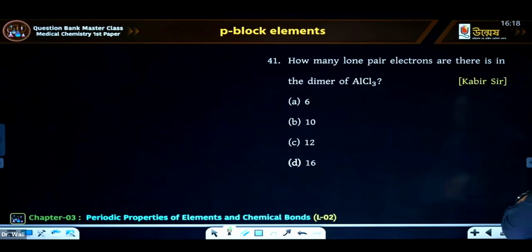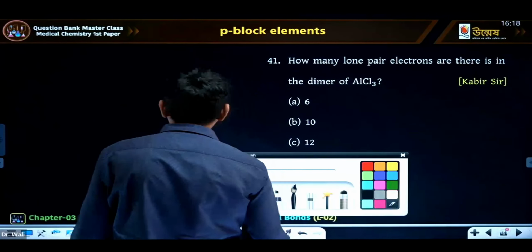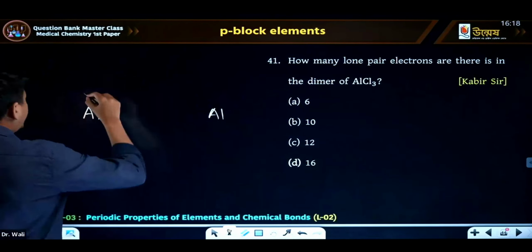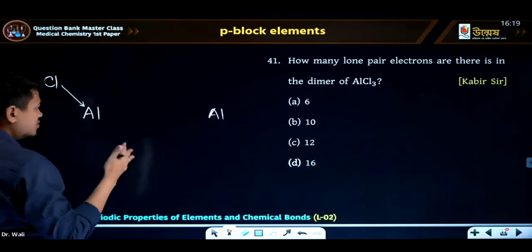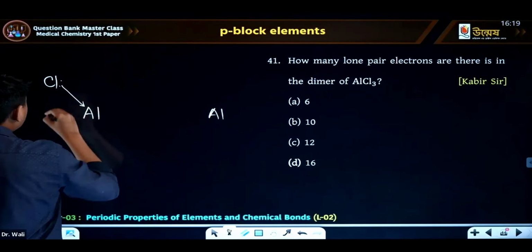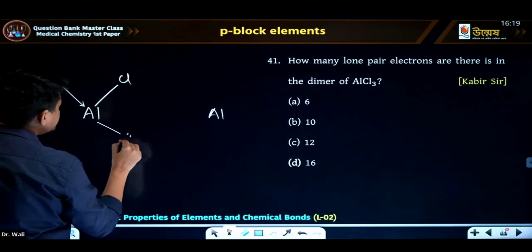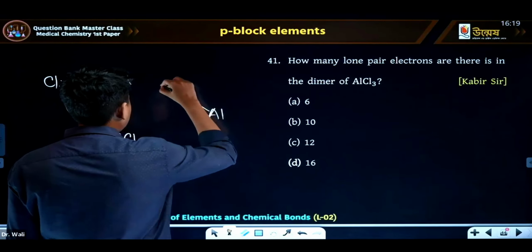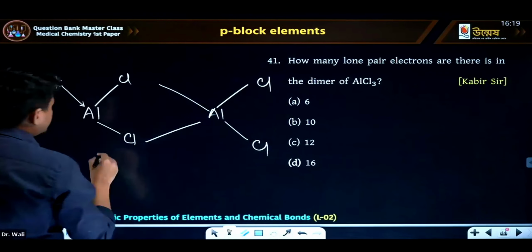The 41st question says, how many lone pair electrons are there in the dimer of aluminum chloride? Okay, now let's draw the formula. Suppose this one is aluminium, this one is also an aluminium, and aluminium is receiving the free electrons or lone pair electrons from the chlorines, aluminium chloride. Similarly, aluminium chloride.